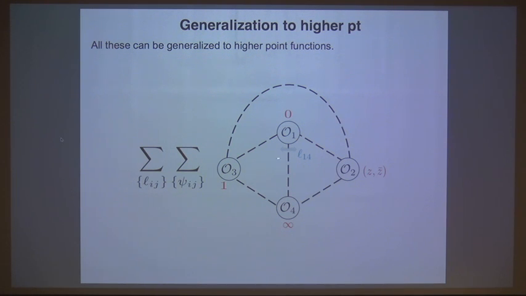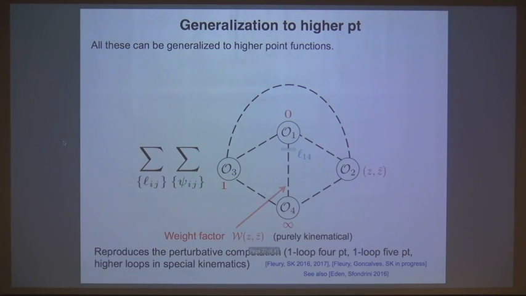This means that this right hexagon is rotated as compared to the left hexagon. And in order to incorporate this rotation, you need to multiply by some weight factor, which depends on the cross ratio, when you sum over the states living here. I will not go into the detail of how to determine this W(z, z bar), but the only thing I want to say is that this is basically purely kinematical, and you can determine it by using the symmetry argument.